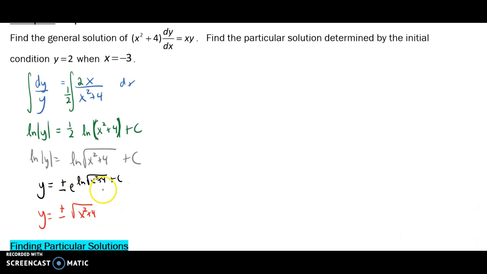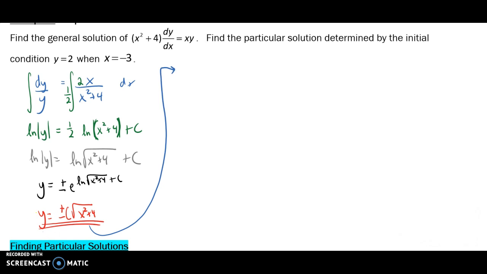So the e to the c is still in there, but e to the c is really just another constant. I'm just going to wrap that constant into just a number. If you had it as e to the c, that would be okay, but again, it's a number, so why not call it that way? So here is our general solution.